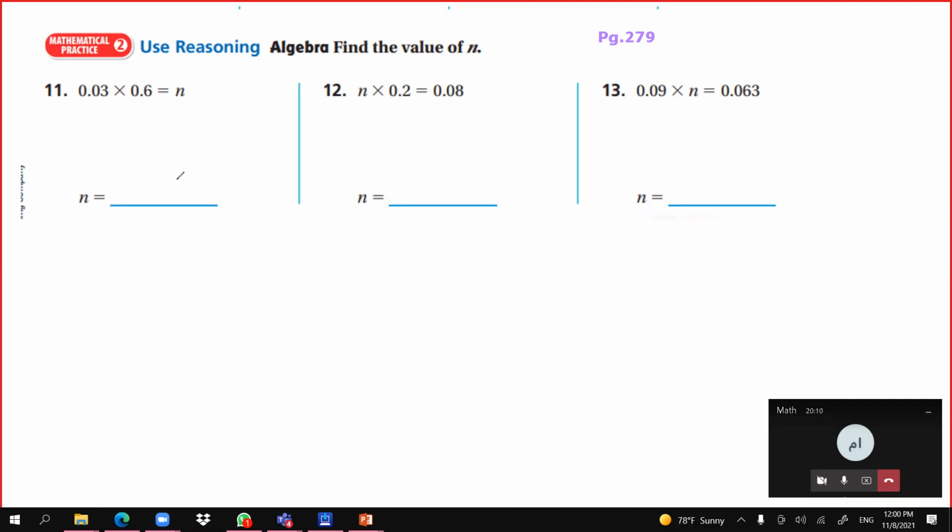Lana, 3 times 6 is? 18. Bravo. Then where do you have to put the decimal point?